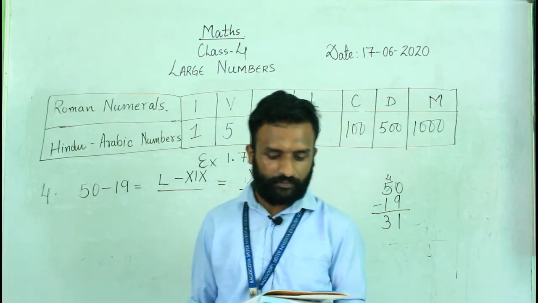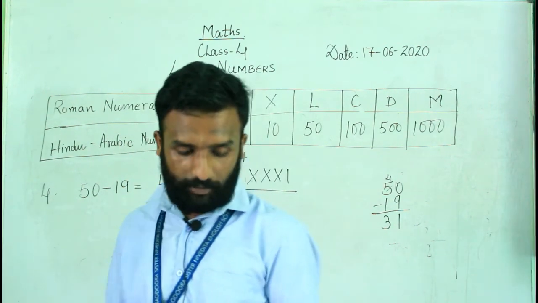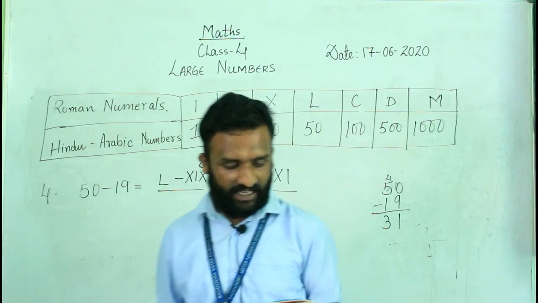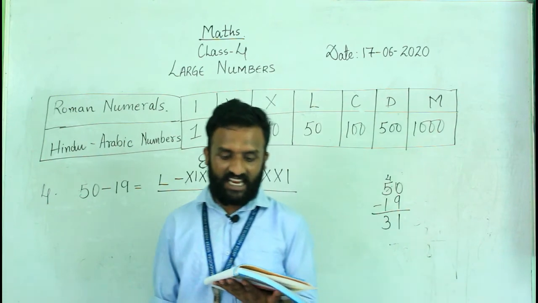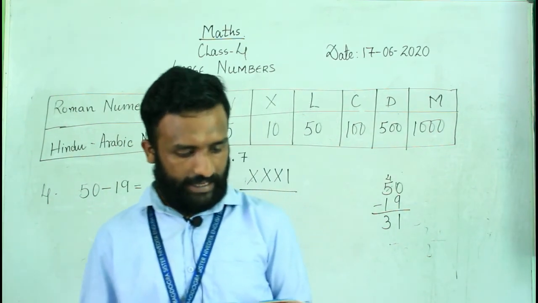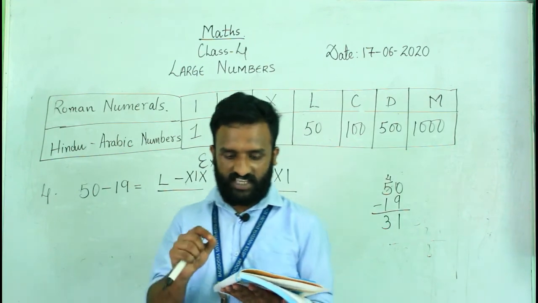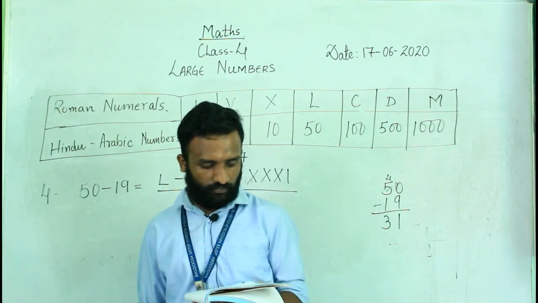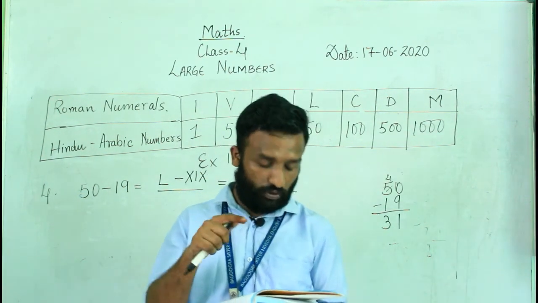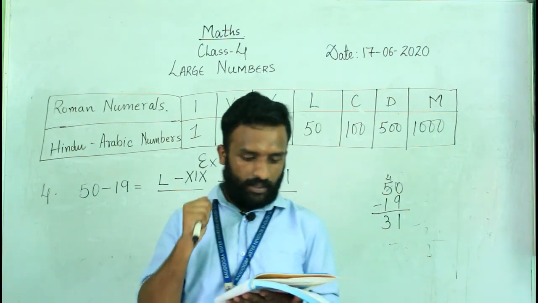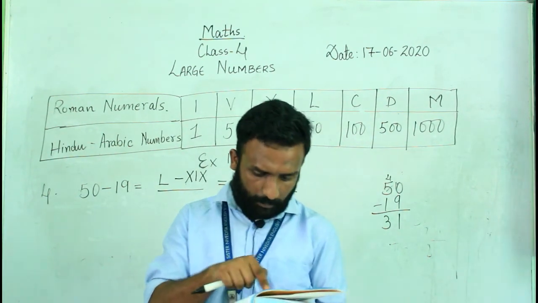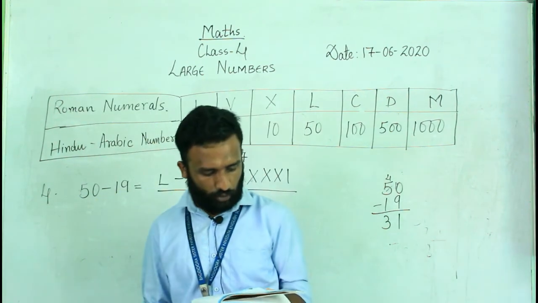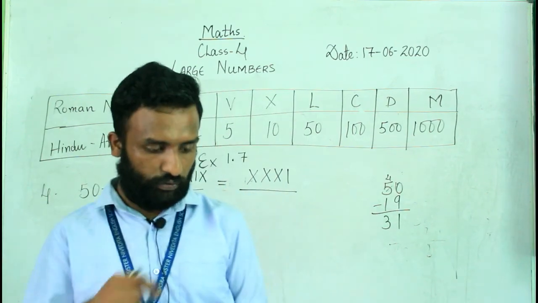Again I am repeating the homework. From exercise 1.7, do question number 1 A, B, C, E, F; question number 2 A, B, C, F, G; question number 3 B, C, D; from question number 4 you will do A, B, D; and from question number 5 you will do all the questions.